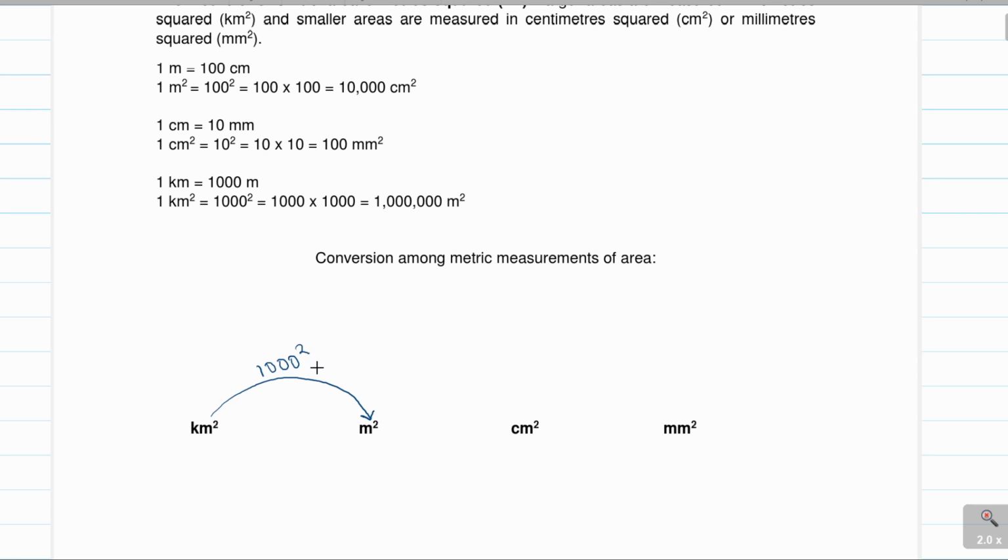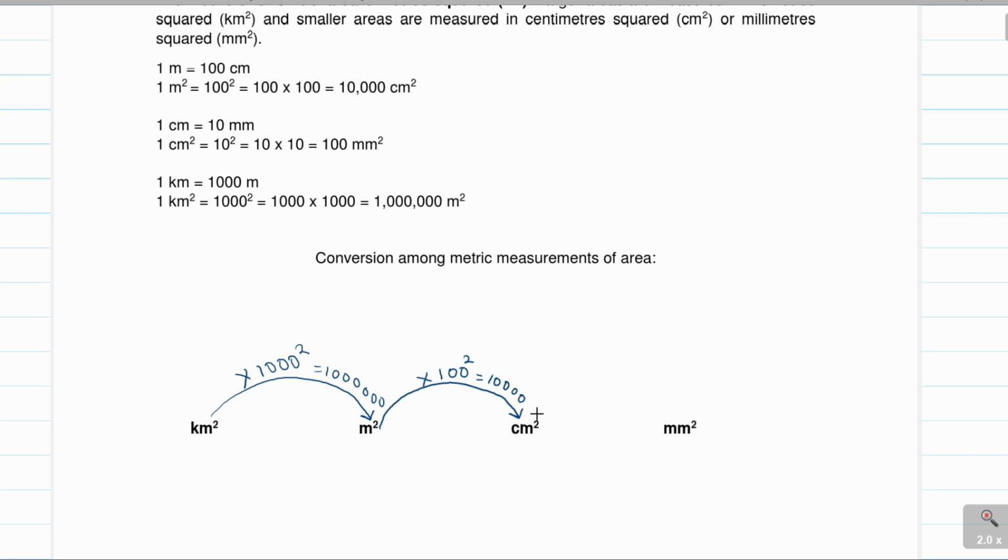Okay, and that will give us 1 million. So we multiply by 1,000 squared. If we wanted to go from meters squared to centimeters squared, we saw that 1 meter is 100 centimeters. So we would multiply by 100 squared, which is 10,000.